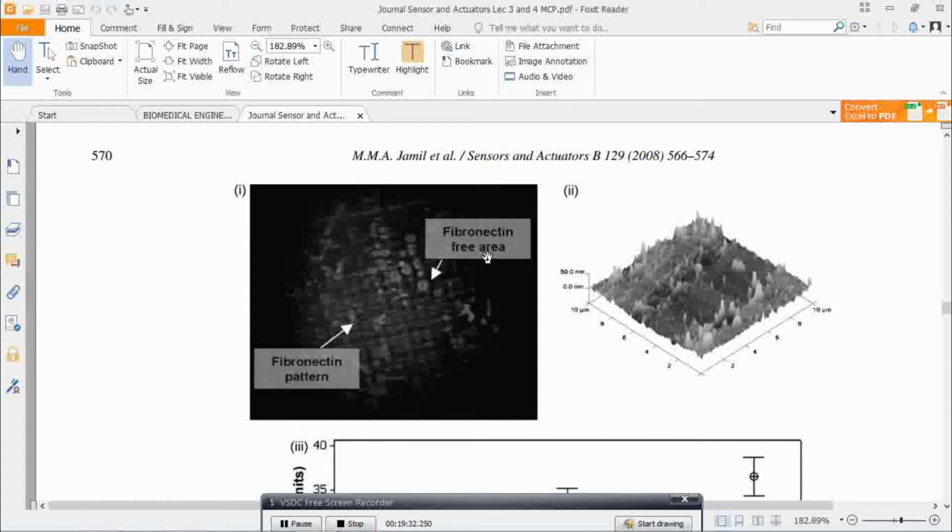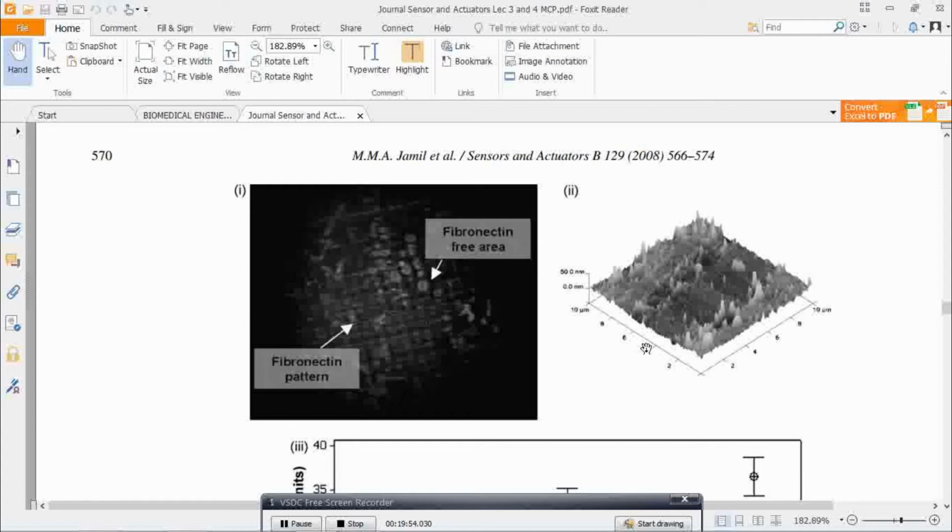You have fibronectin free area and fibronectin patterns. That means the lines are the fibronectin area, and then the fibronectin free area is the square one. So this is the pattern it looks like when you scan with the AFM system.